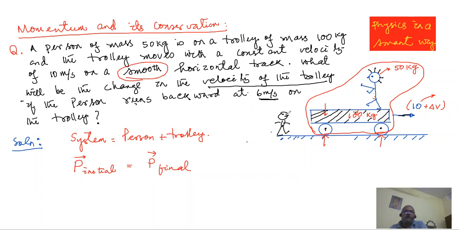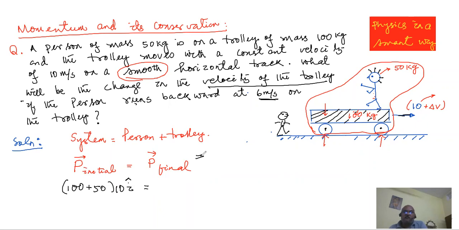This observer sees that the trolley has a mass of 100. Initial momentum I am writing: the person having a mass 50 and velocity 10 i cap, and mind it, momentum is a vector quantity, so it has to be written strictly, will be equal to final.